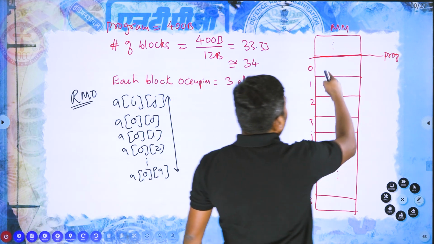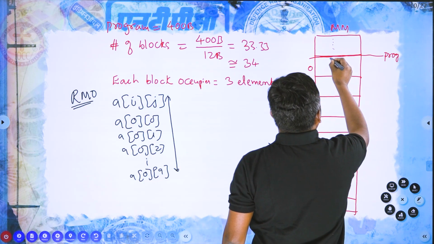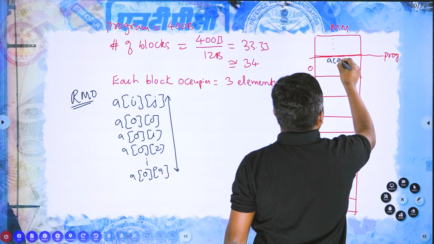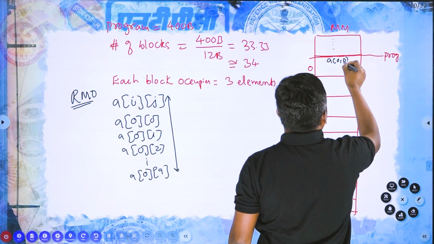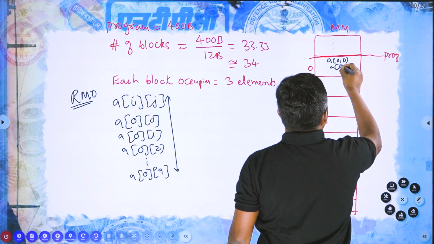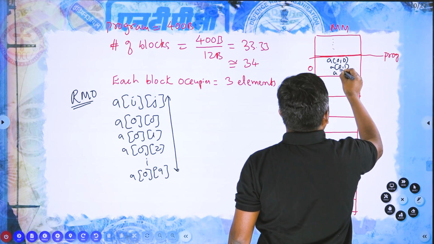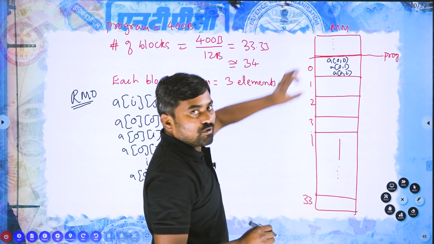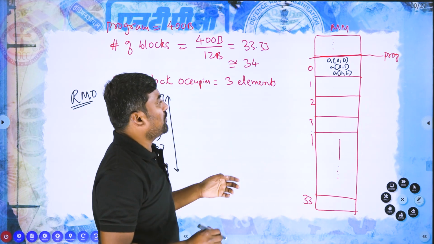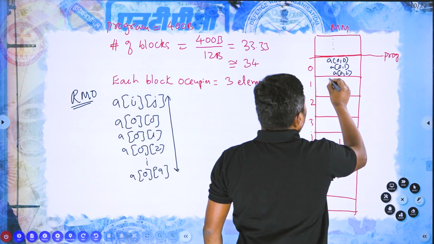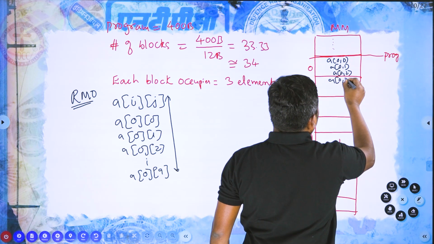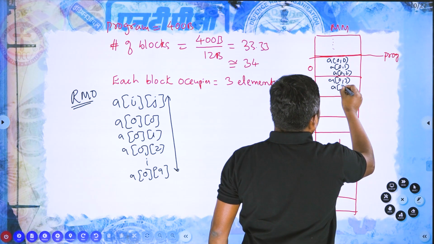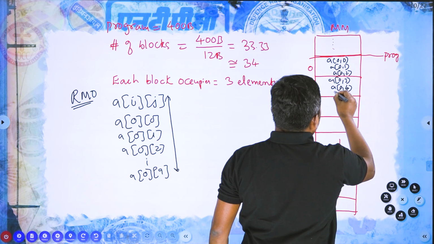So if I started the program segment here, my first element will be A of 0, 0, then A of 0, 1, A of 0, 2. This is a block, because a block occupies 3 elements. Next will be A of 0, 3, A of 0, 4, A of 0, 5.